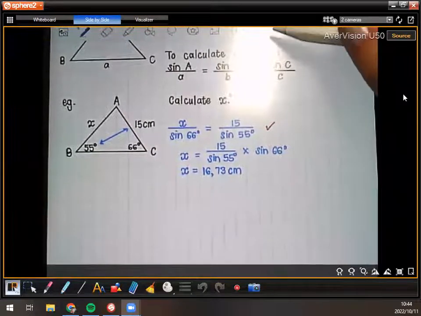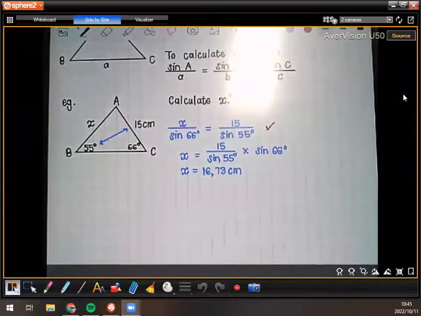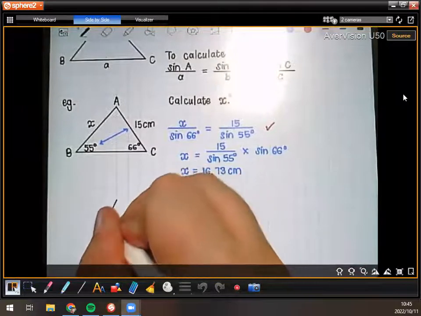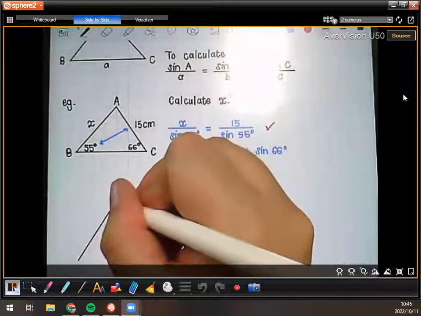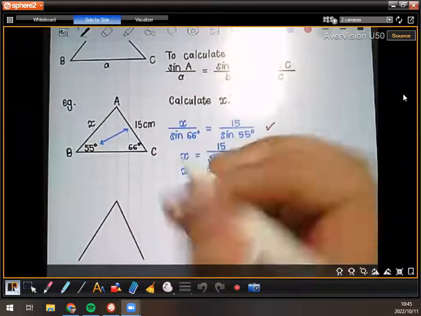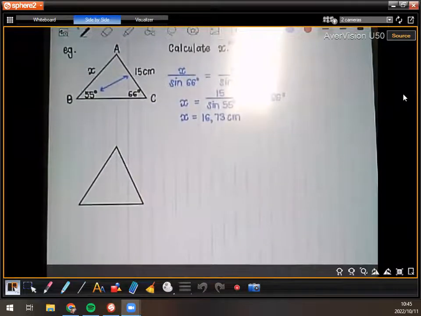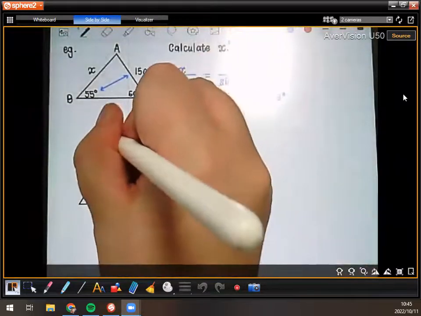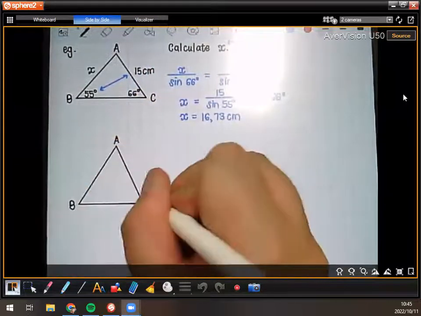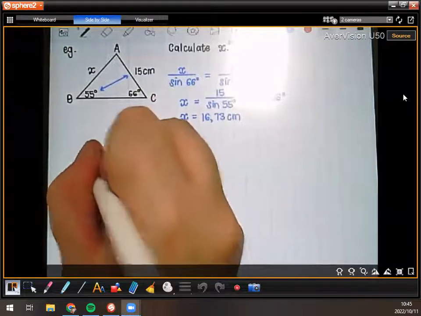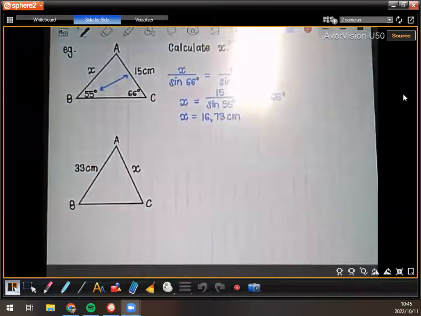Okay, I'm going to give you one thing to do on your own before we move on to an example of calculating an angle. So I'm just going to give you another one. So sorry, we're drawing lots of triangles today, but at least it's not a very complicated picture. Alright, so this is again A, B, and C. Fifty-three centimeters and x.